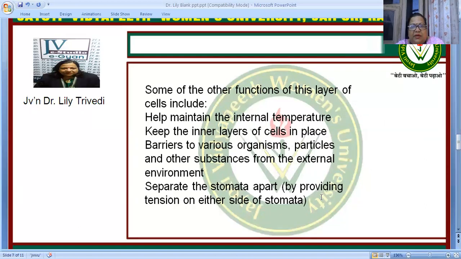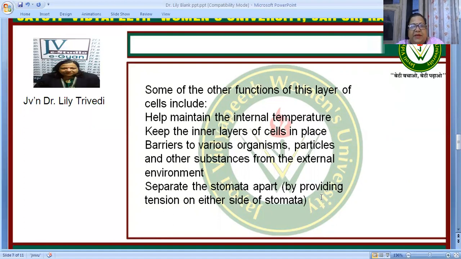Now, as already we should remember in mind the functions of epidermis. It maintains the internal temperature of the plant. It keeps the inner cells of the plant in their place. It provides a barrier to various organisms, particles and other substances which are present in the external environment.